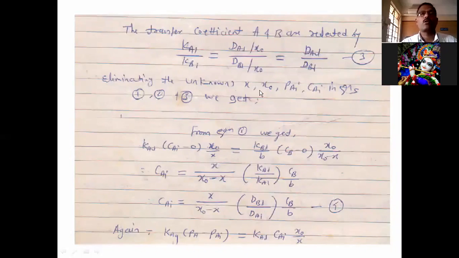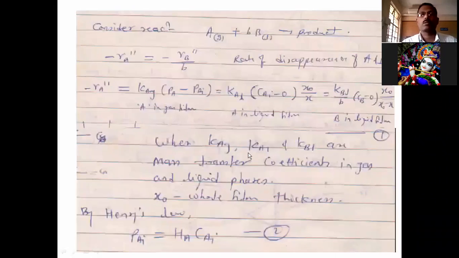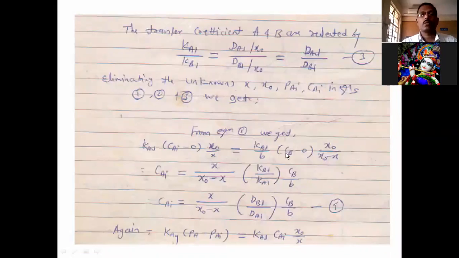So eliminating the unknowns x naught, P_AI, C_AI from equations 1, 2 and 3, from equation 1 we get K_L into C_AI minus 0, x naught upon x, which is equal to K_BL upon B, equating these two, C_B into x naught upon x naught minus x.